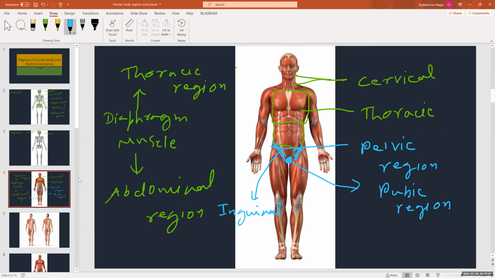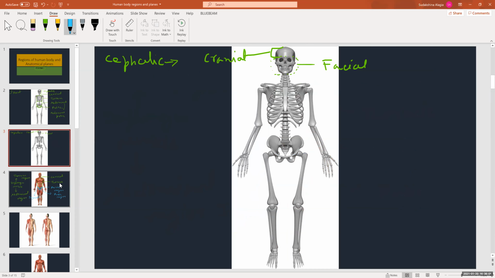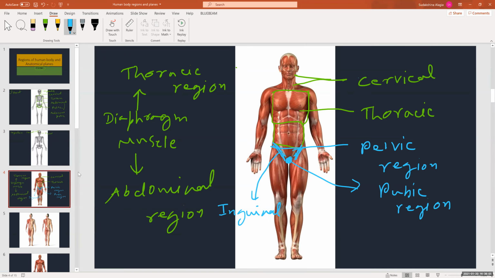And then we have all the other areas: cervical, thoracic, abdominal, pelvic, pubic, inguinal. So we covered the axial regions. Okay, the next demo will be for the appendicular region.